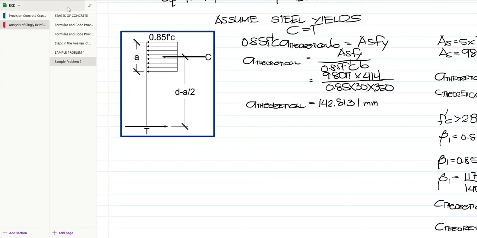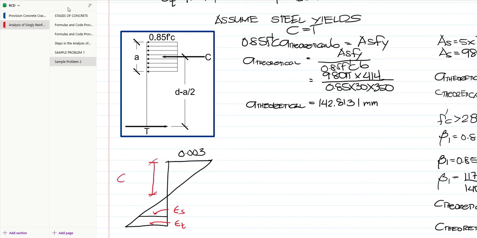So syempre, pag dinrawing natin yung strain diagram, since 2 layer na yan, meron tayo ditong 0.003 at nandito yung epsilon sub s natin at ito yung epsilon sub t. Then this one will correspond to our C theoretical, and this will be yung D lang natin yung kailangan natin. Then this will correspond now to D minus our C theoretical.